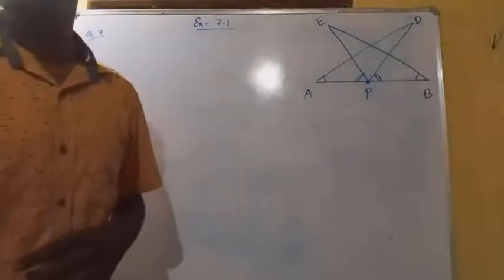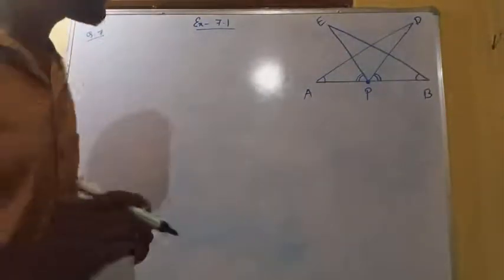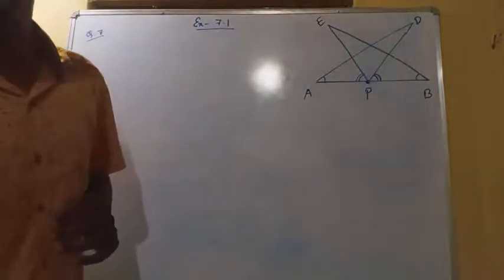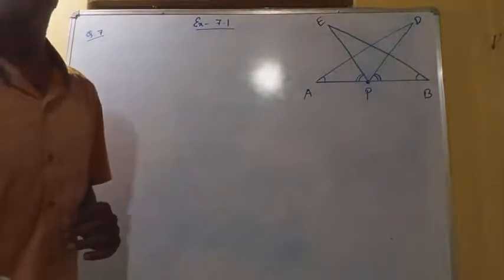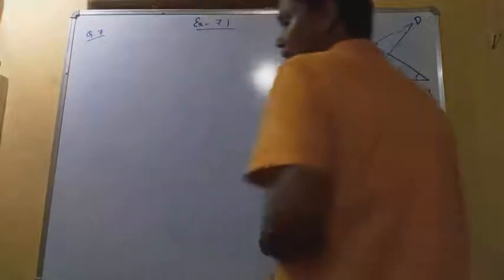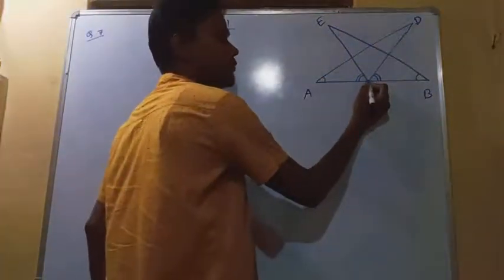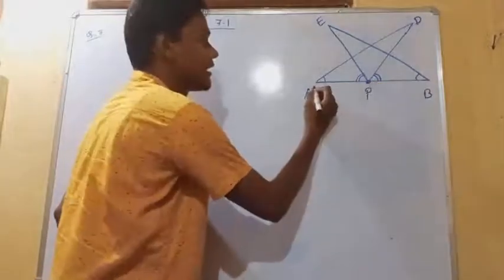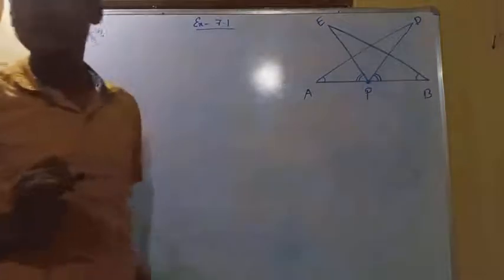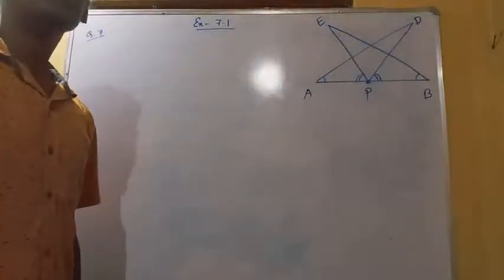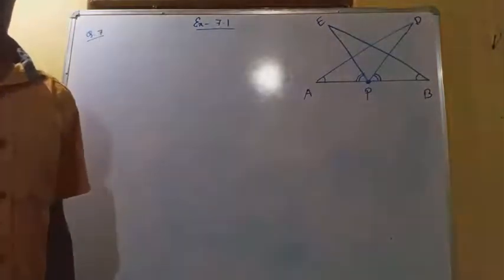Just go through the question. Now we have to note down the given things. Just try to focus on the given things at the very beginning. So what are the given things here? First of all, AB is a line segment and P is its midpoint. This point P is the midpoint of the line segment AB.